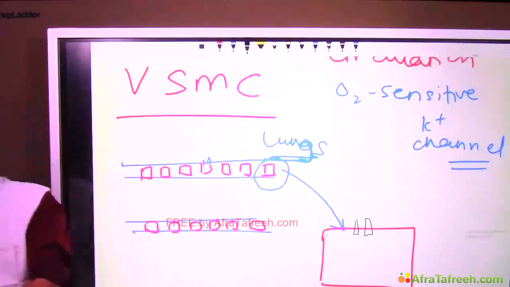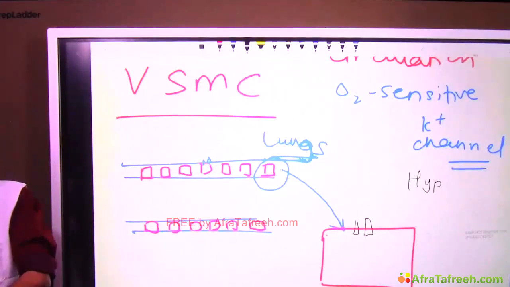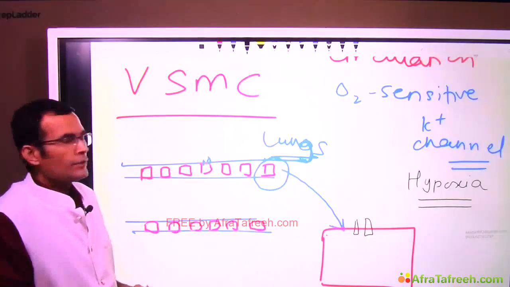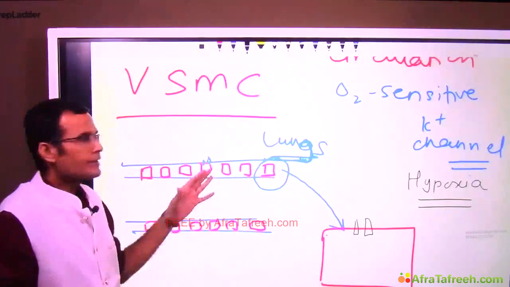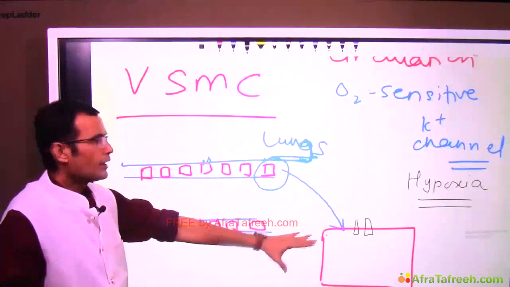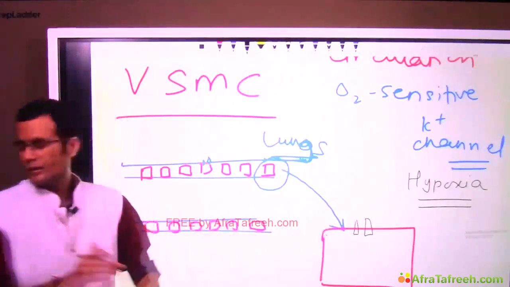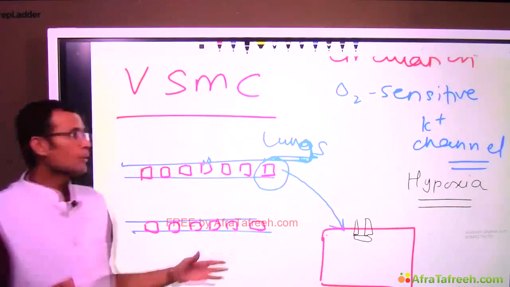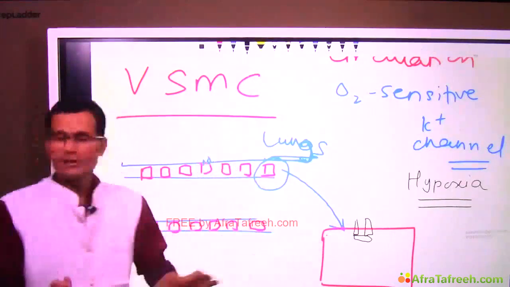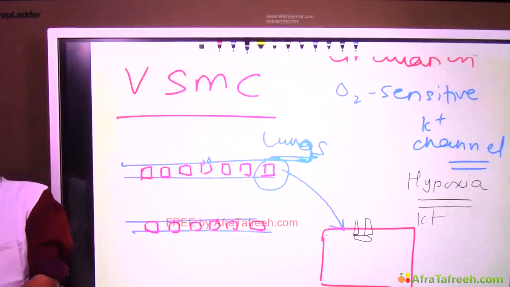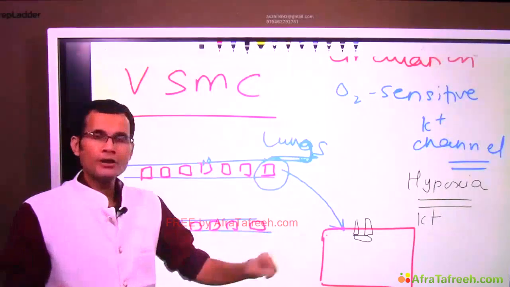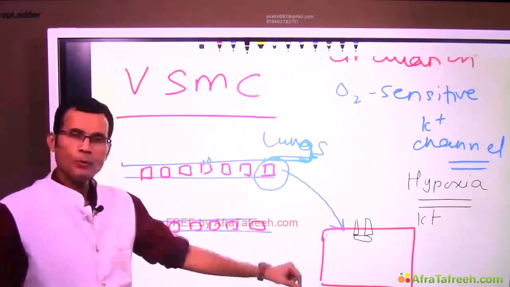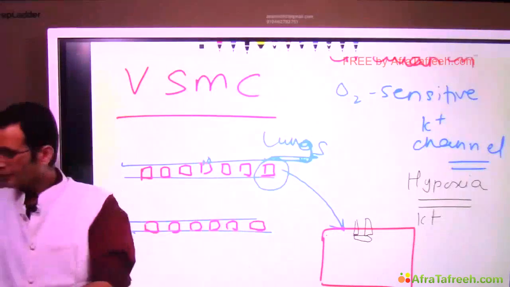Now imagine that there is hypoxia in this region. This hypoxia is sensed by this channel, and the channel will close. This is an O2 sensitive potassium channel or hypoxia sensitive potassium channel. It senses the hypoxia and it closes.